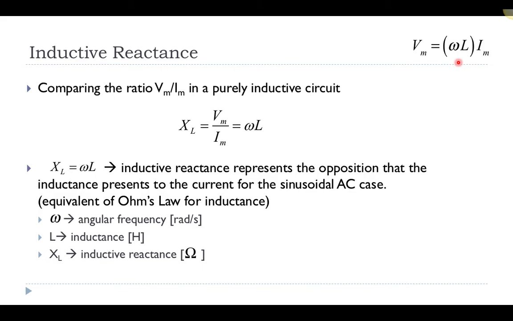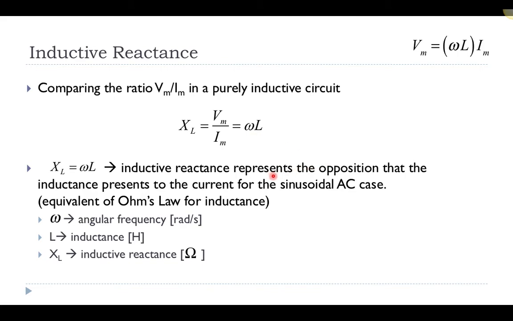In the case of inductors, we have something called inductive reactance, which we write as X with a subscript L. It is the ratio of the voltage maximum, the amplitude of the voltage across the inductor, divided by the current, and it's just this term out front, the angular frequency times the inductance.